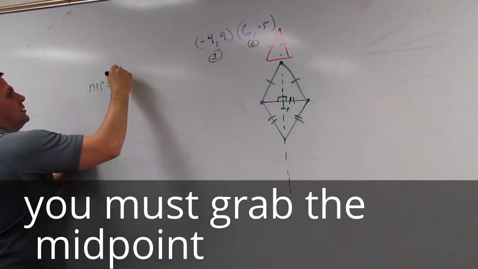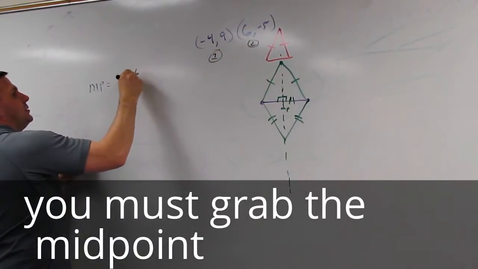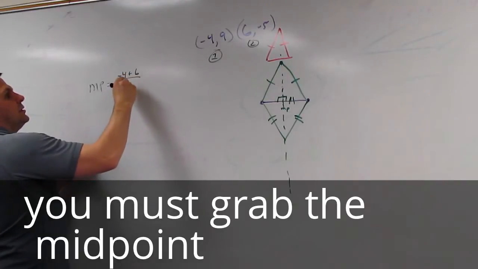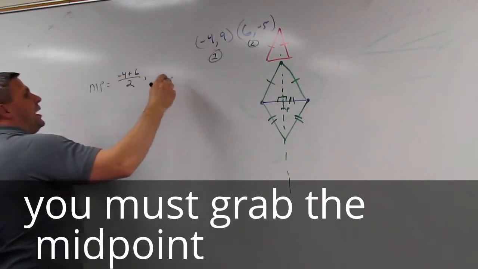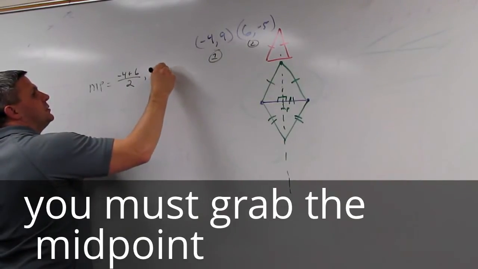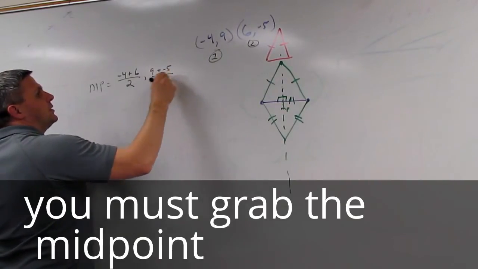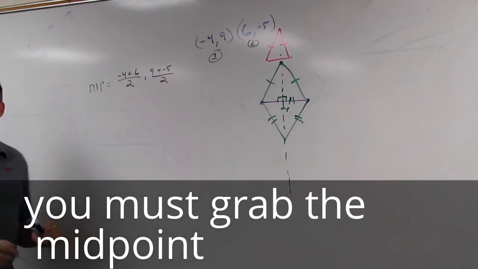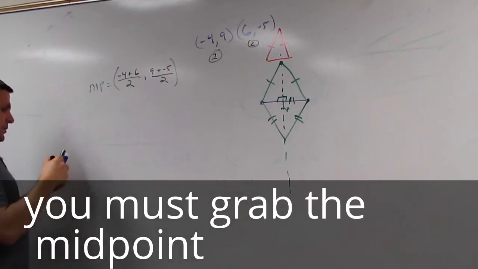So 1 plus 2 all over 2, and 1 plus 2 all over 2. So that's our midpoint.